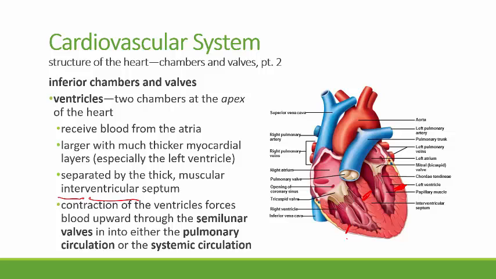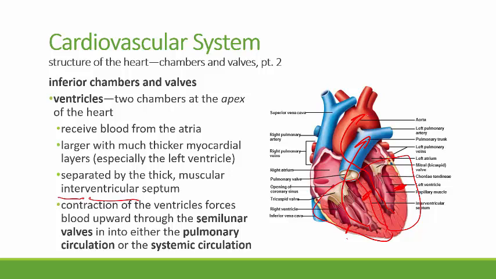And so when we see contraction of the right ventricle and the left ventricle, then blood is forced upward from the left ventricle into the aorta and from the right ventricle here into the pulmonary trunk. So we can't see the valve in this slice.